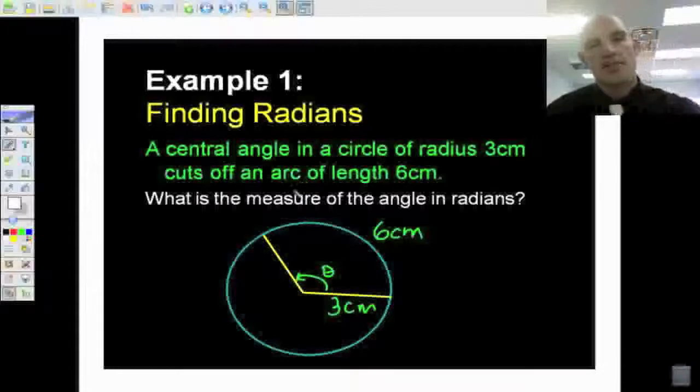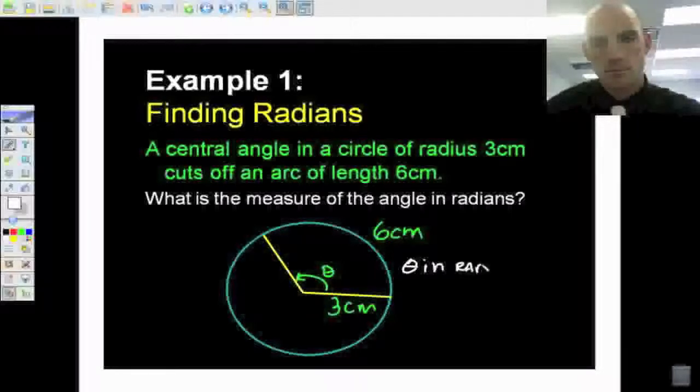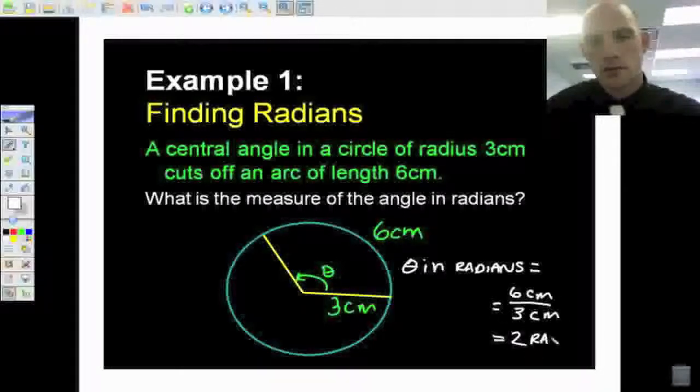For example, I have this circle right here, and my theta is in the middle here, and I've got 6 centimeters for my arc and 3 centimeters for my radius. So theta in radians is going to equal 6 centimeters over 3 centimeters, which is equal to 2 radians.